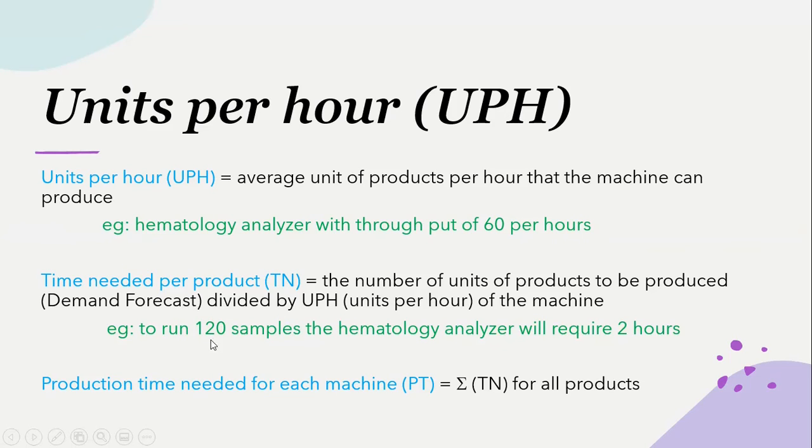For example, to run 120 samples, the hematology analyzer will require 2 hours if it has a throughput of 60 samples per hour. Production time needed for each machine is the summation of time needed per product for all products. If more than one type of product is produced by a particular machine, then we need to calculate the production time needed for each machine.